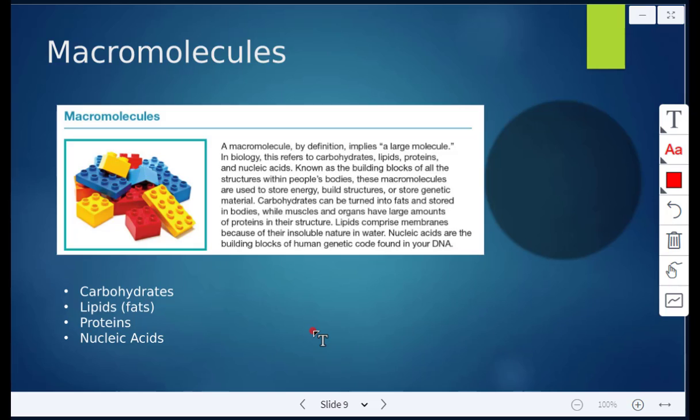These are the building blocks of all the structures within our bodies, and these macromolecules are used to store energy, build structures, and store genetic material. Carbohydrates can be turned into fats and stored in bodies, and muscles and organs have large amounts of proteins in their structure. Lipids make up membranes because of their insoluble nature, and nucleic acids are the building blocks of our DNA.